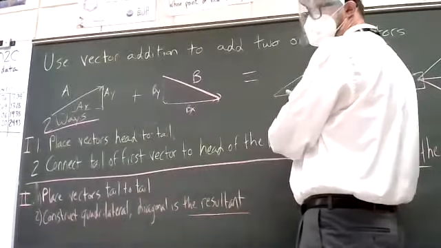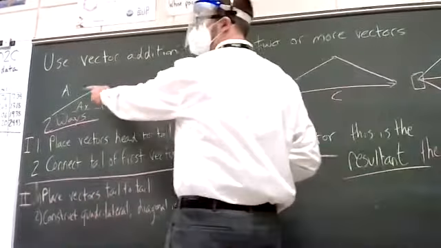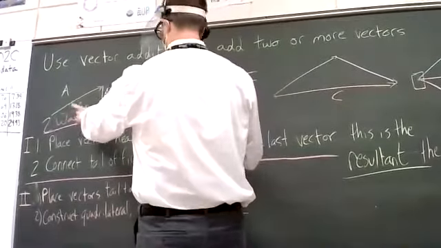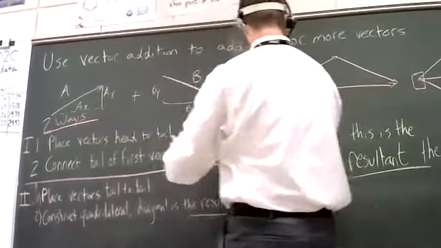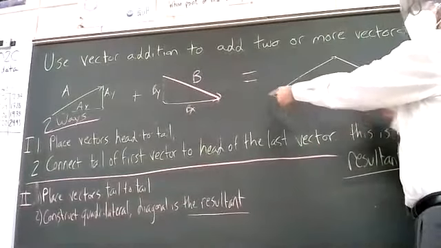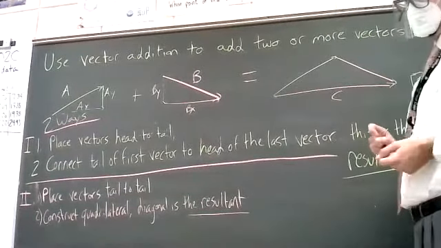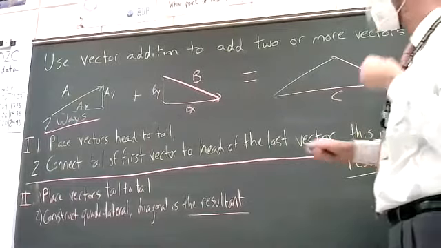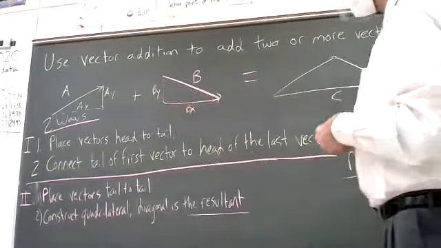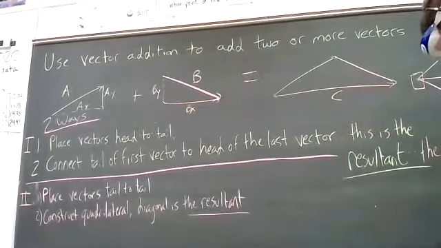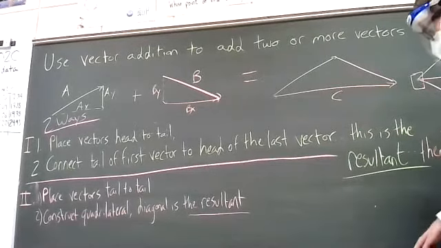Another way to calculate this would be to resolve each vector, add the X components, add the Y components, give us the legs of that right triangle, and then use Pythagoras' theorem to calculate it. So sometimes we have to go all the way into resolution of vectors, and then Pythagoras' theorem.